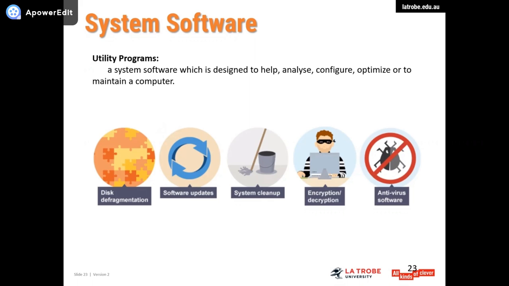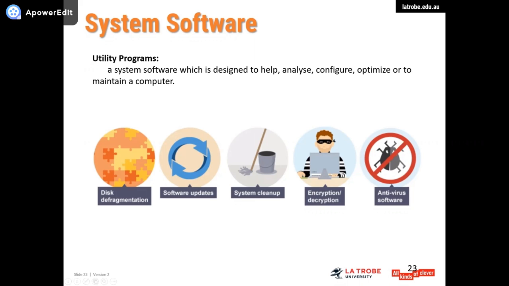There are many utilities in our Windows system, like disk defragmentation, software updates, system cleanup, fast encryption and decryption, and also antivirus software. They are all kinds of utility software. The last system software is the programming language compiler or disassembler.